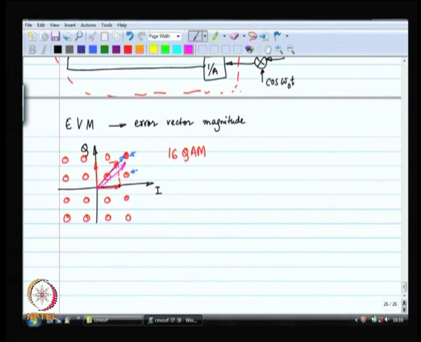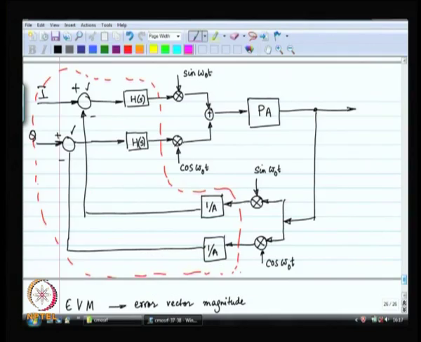So, the error vector magnitude is this much. All right, and they will tell you what percent of your total amplitude this can possibly be, that is what they are going to tell you. So, this is why matching between the I and the Q path is very important, and this is going to play an extremely crucial role in this scenario.